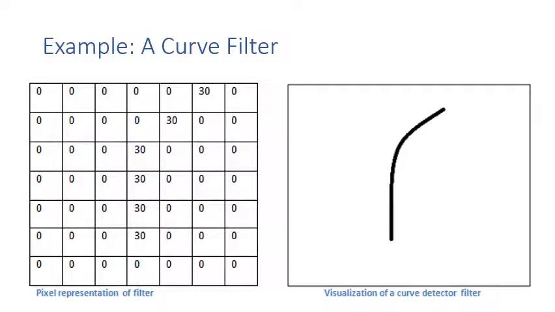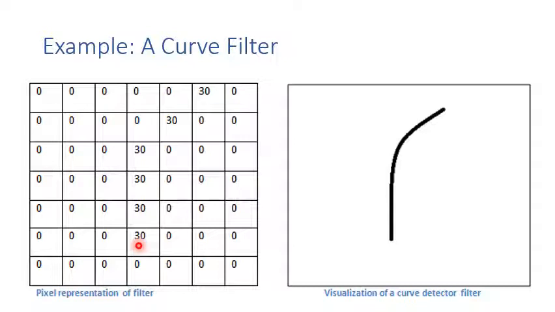We can detect different features by changing the parameters of the filter. Here's a curve filter example. Suppose we have a large filter and we want to use it to detect a curve. We can set the weight of the curve's position as 30 and otherwise 0.